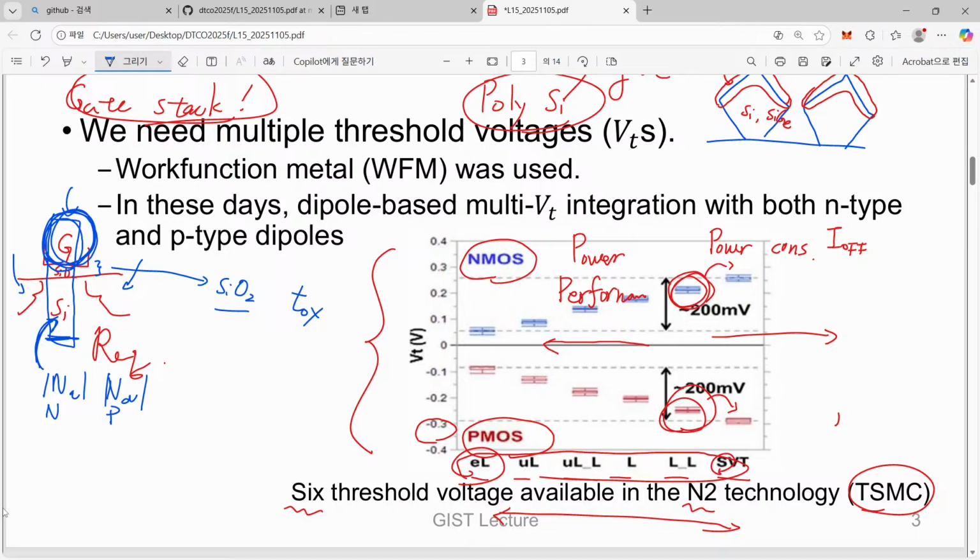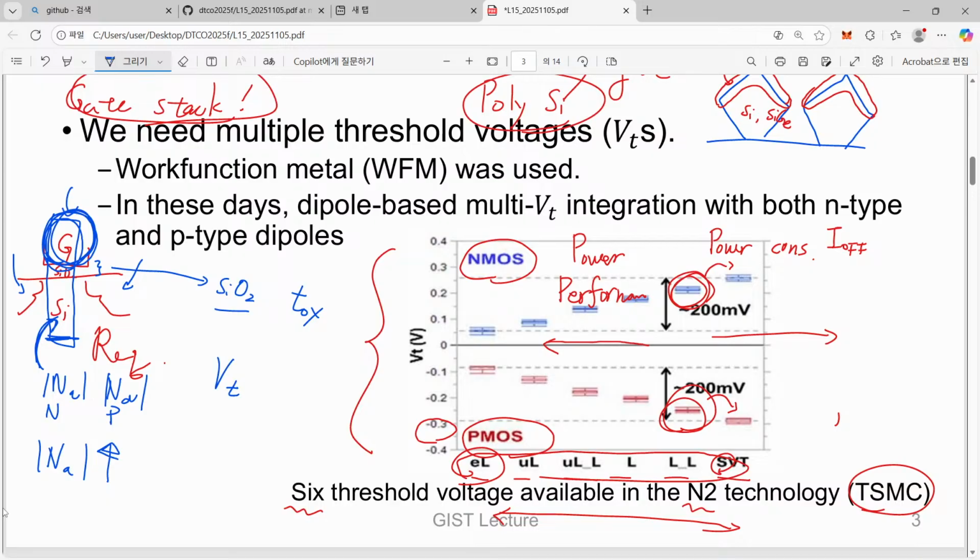So the general trend was, since we are shrinking everything, we have to increase also doping density, not reduce it, in order to keep our threshold voltage at a reasonable value.